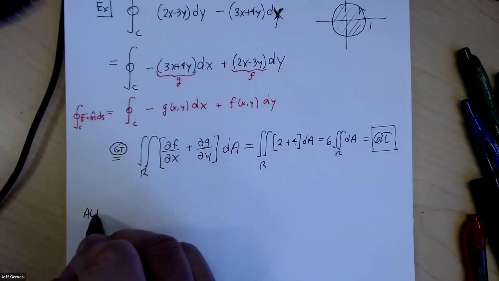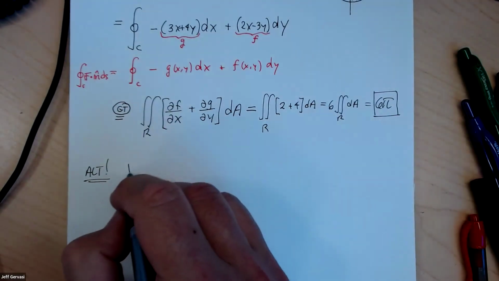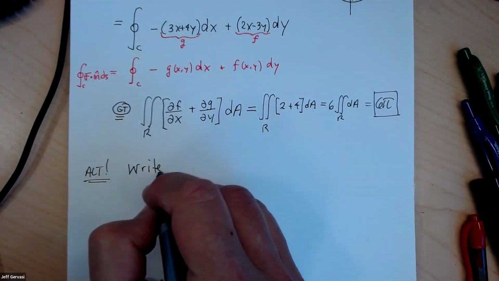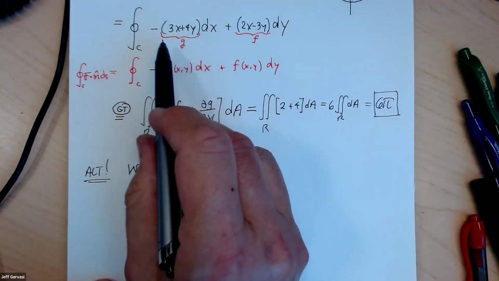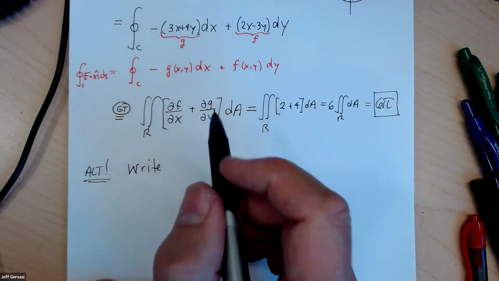Alternatively, I could have written it like this. All right, go back here. Gang, actually distribute the minus sign through.